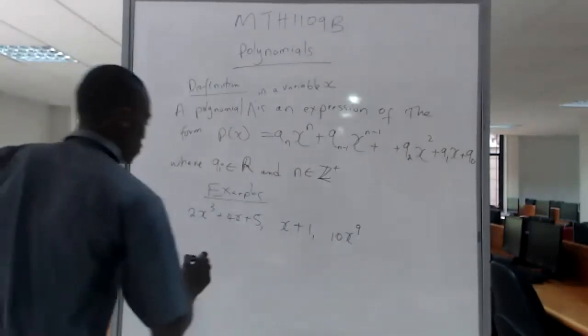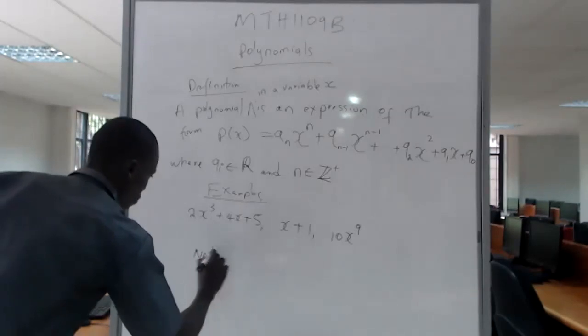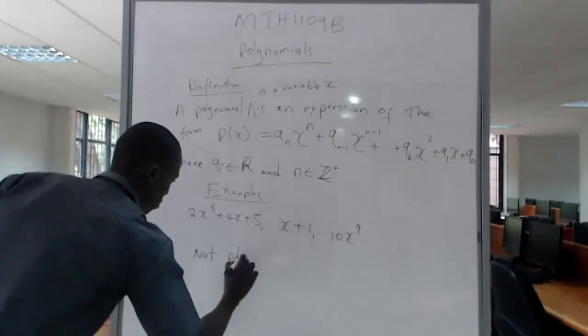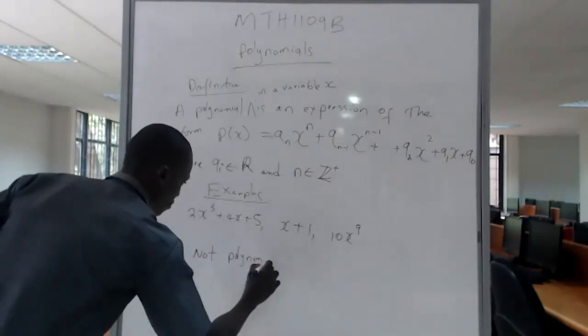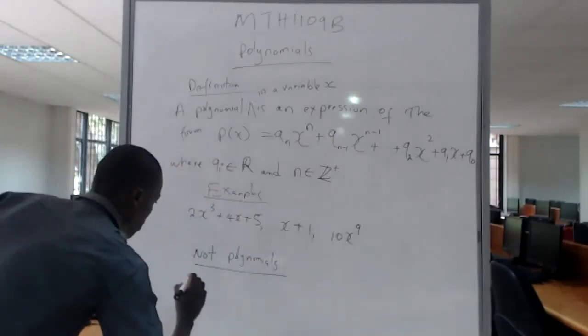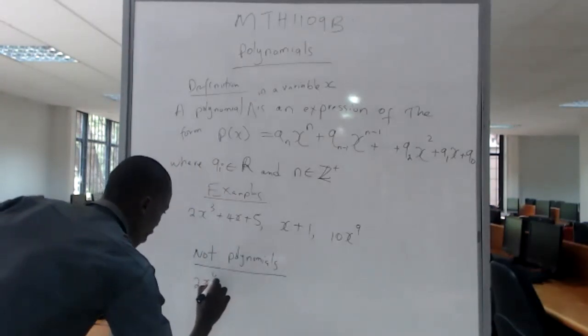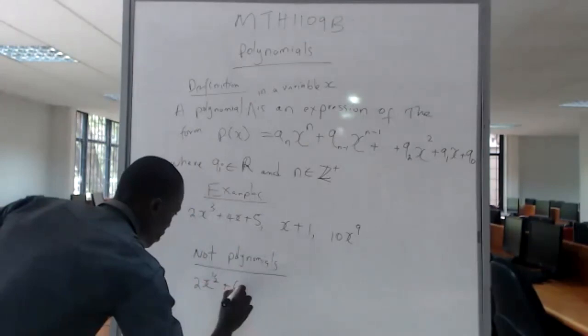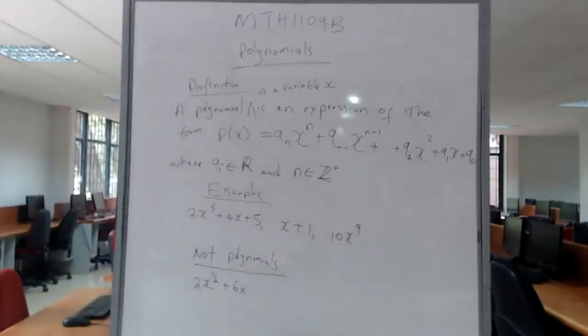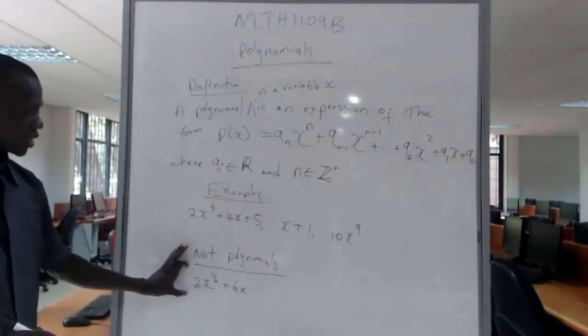Let me give you examples of expressions which are not polynomials. An expression like 2x to the half plus 6x. This is not a polynomial. Can someone tell us the reason why this is not a polynomial?